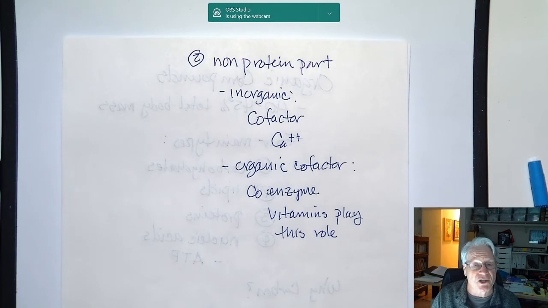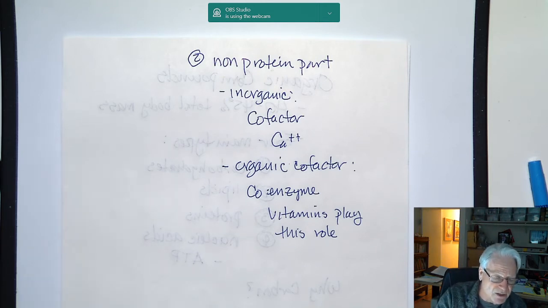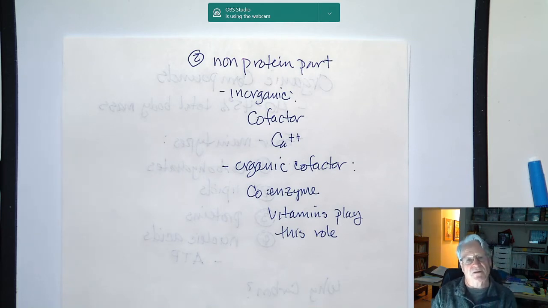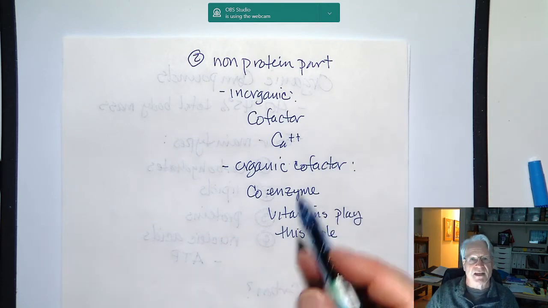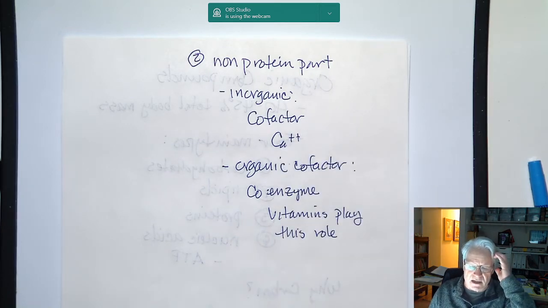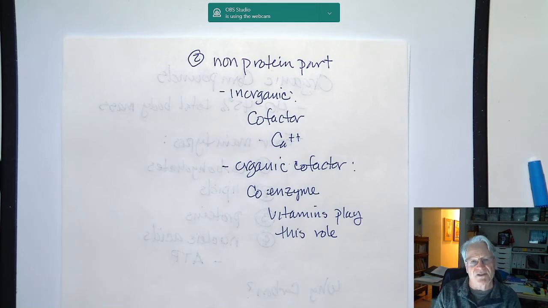Well, the car's not going to go anyplace, right? Because you don't have that last piece, which is not actually part of the car, but fits into a slot in the car, and then the engine starts and the car becomes functional. So the protein part is the car, and the non-protein part is the key. You have to have that key to start the car.